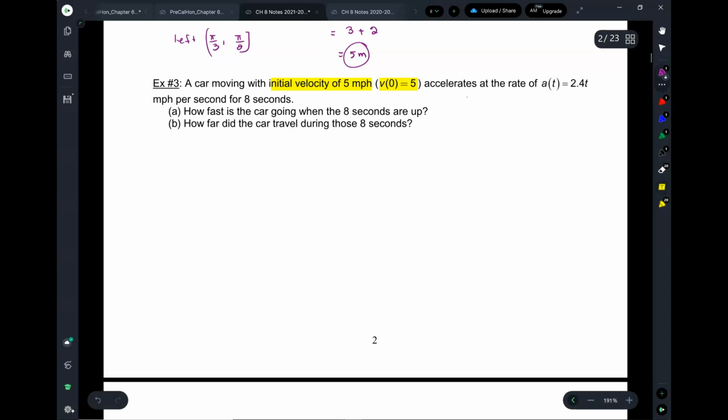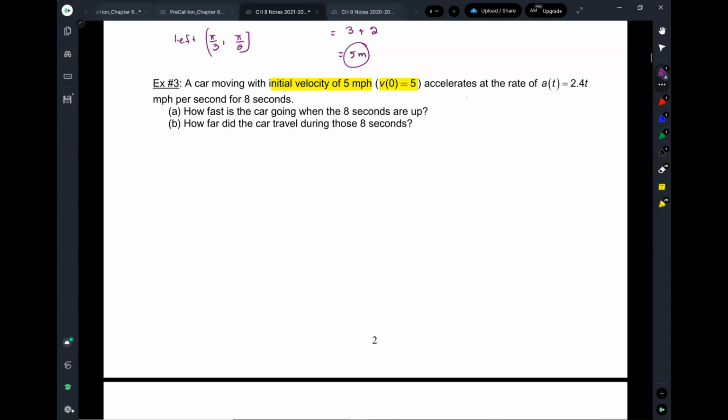So, initial velocity is 5 miles per hour. So when the problem starts, this thing is already moving at 5 miles per hour. But it's also accelerating 2.4 t miles per hour per second for 8 seconds. So like every second the velocity is increasing more.